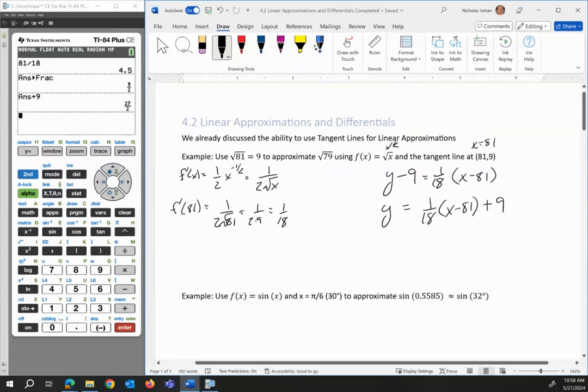The idea of these linear approximations is that as long as I pick a number close to 81, I should have a pretty decent approximation of what the square root of that number is.